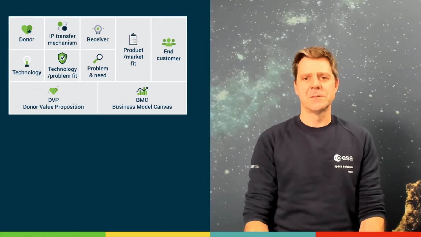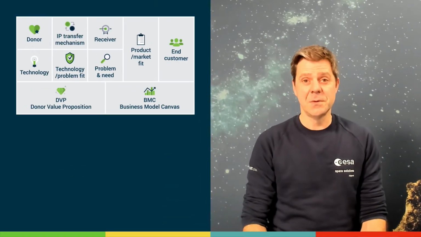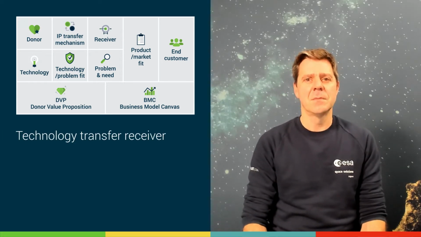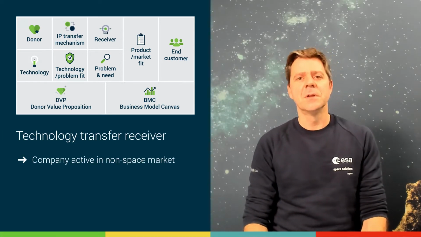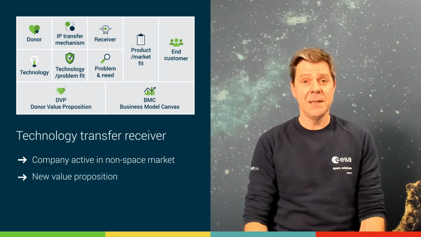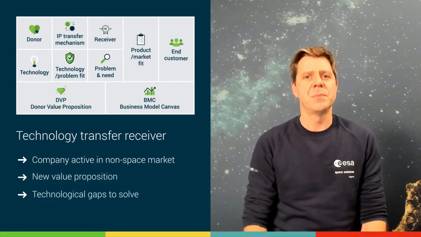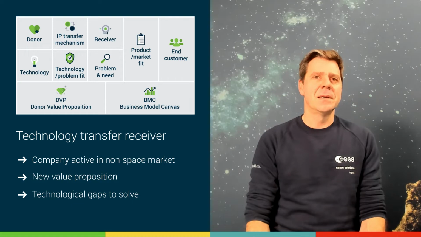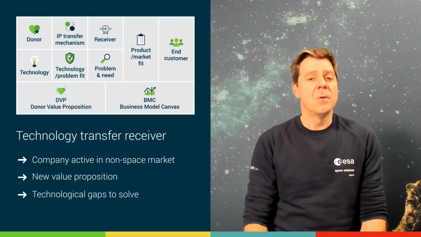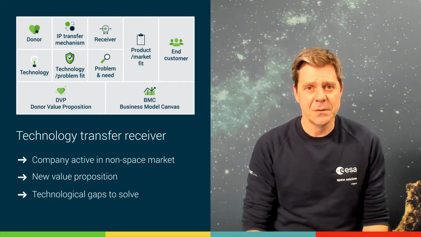So let's look at the receiving company in the technology transfer canvas. That's the company that's really in the middle of the entire canvas. It's a company that's active in a non-space market. So basically, they sell products to non-space users. And they have the idea to innovate, so they want to create a new value proposition.